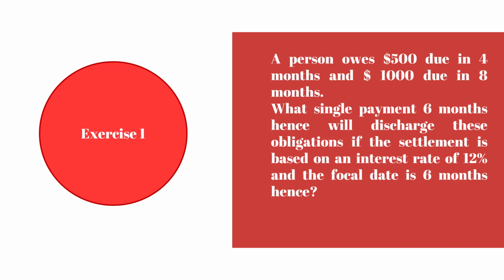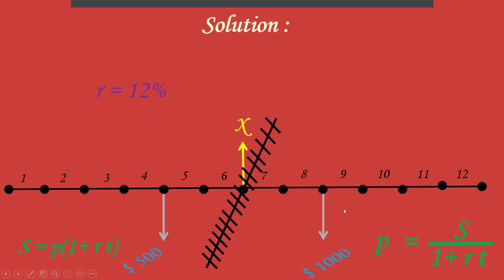To solve this problem, we must draw the timeline. In this timeline, we have the old obligations under the timeline and the new obligations above the timeline. The first old obligation lies 4 months from the beginning, and $1,000, the second old obligation, lies after 8 months from the beginning.